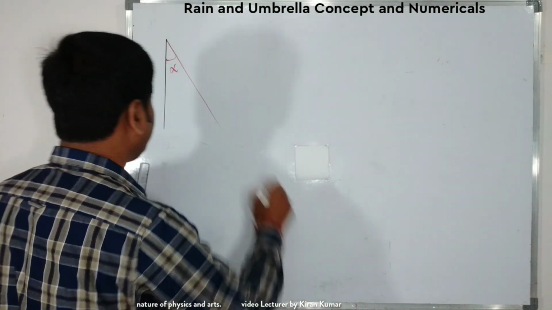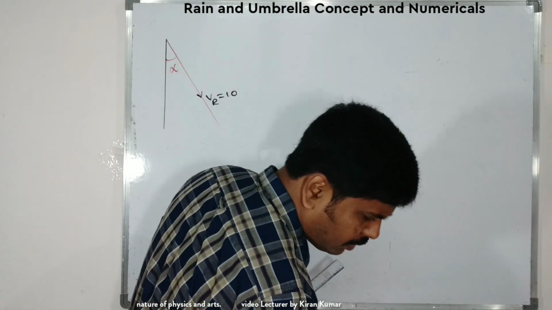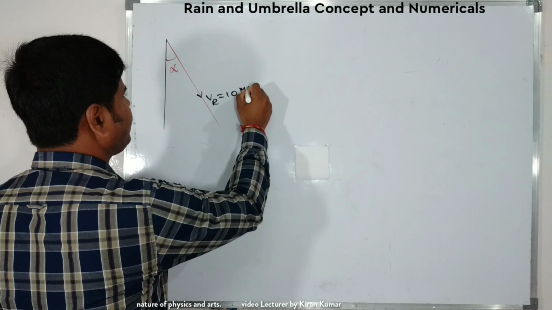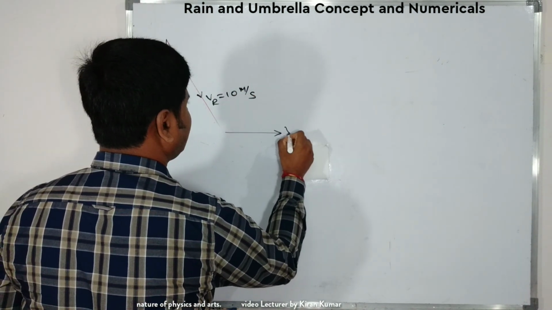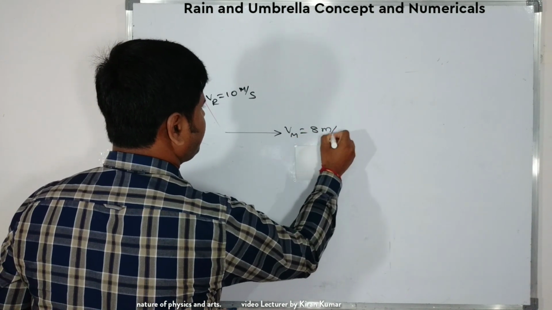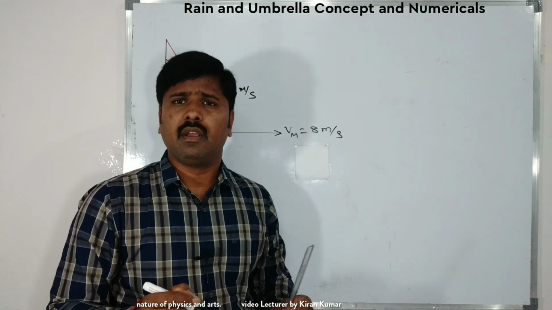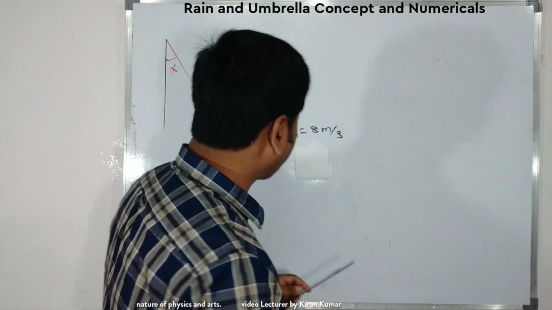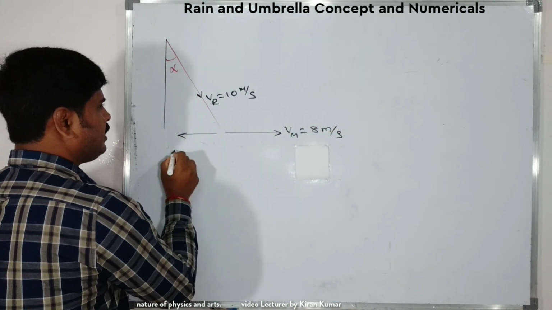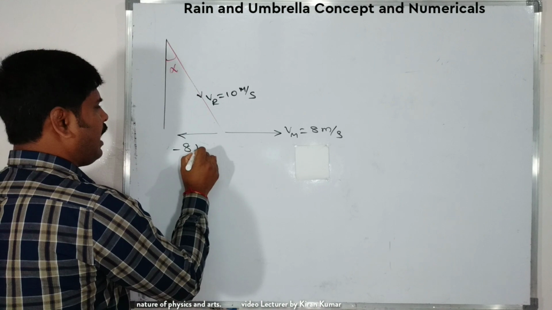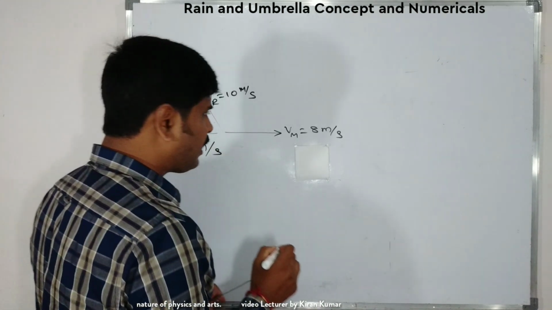Here velocity of the rain is given as 10 meter per second and velocity of the man is 8 meter per second given. Okay, but according to the question, the girl is moving from the east direction to west direction. This is minus 8 meter per second. Try to understand.